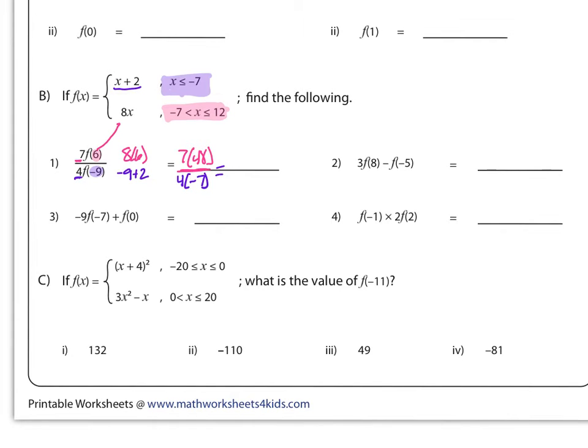So 7 times 48. Okay, let's get our calculator out. 7 times 48 is 336 over -28, 4 times 7. And then I'm going to divide.